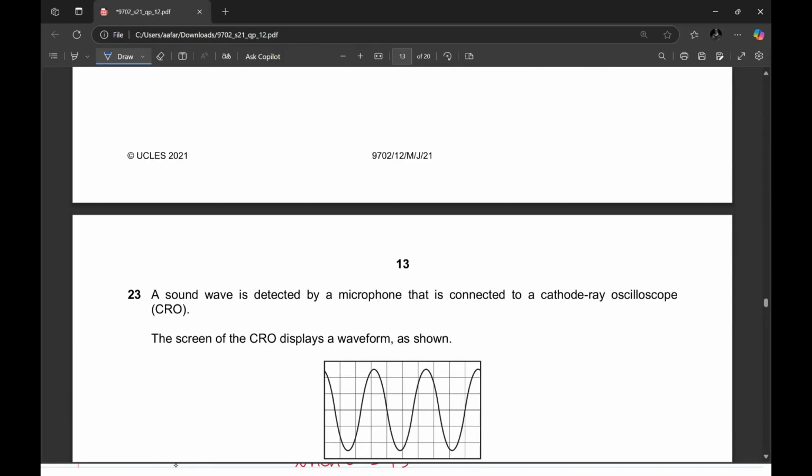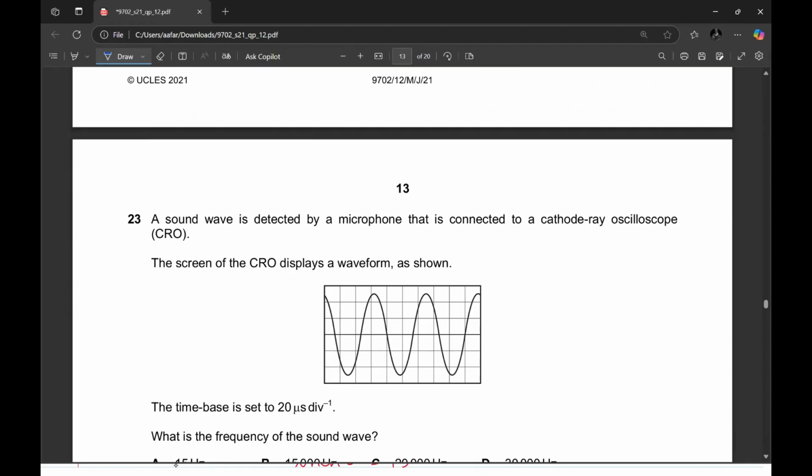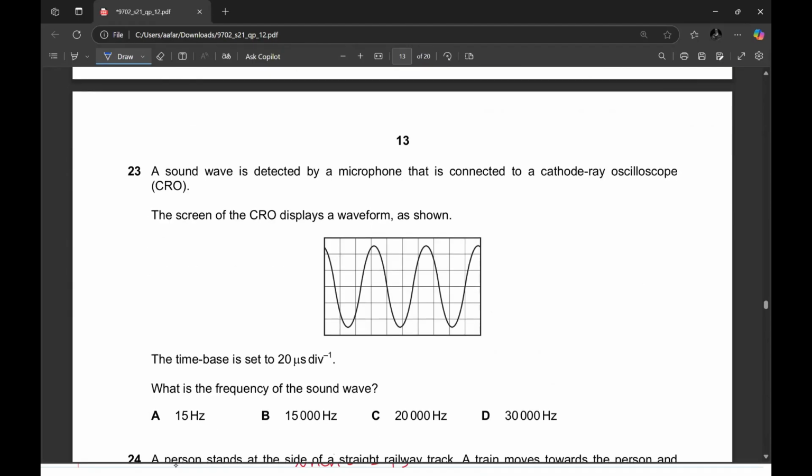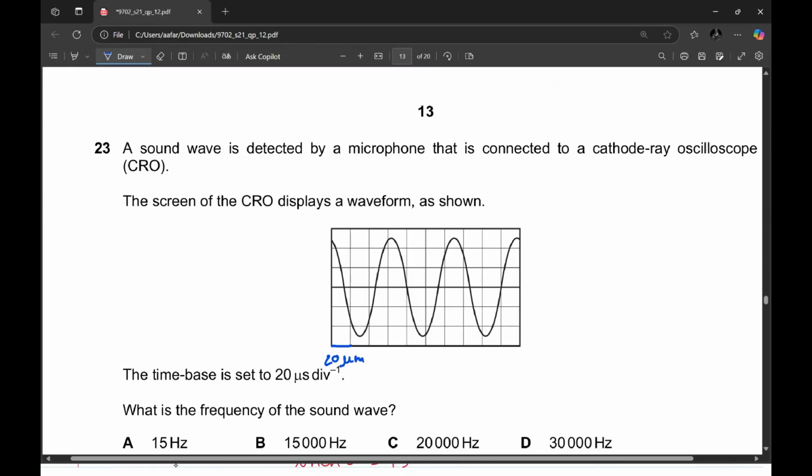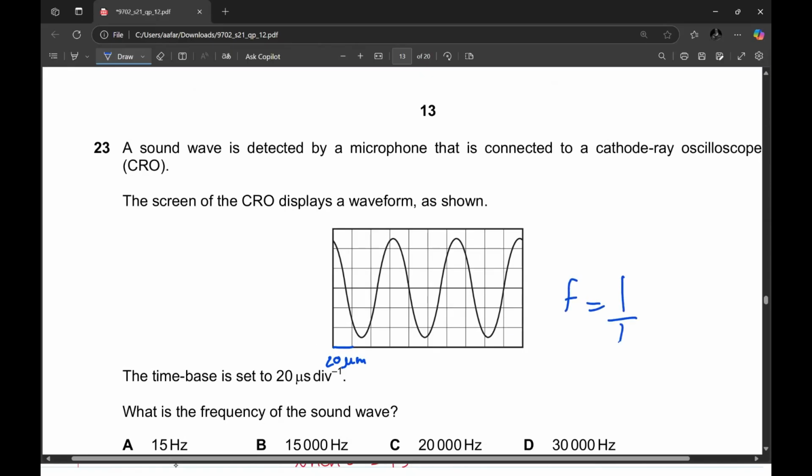The sound wave is detected by a microphone that is connected to a CRO. So CRO shows a waveform. Time base is set to 20 microseconds per division. What's the frequency of the sound wave? So frequency is 1 over time period, right?